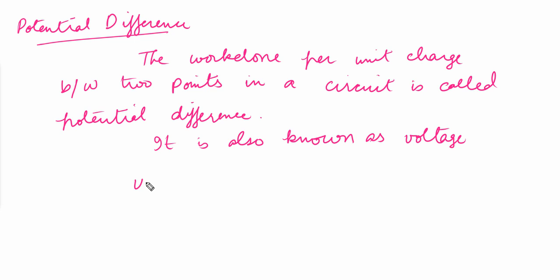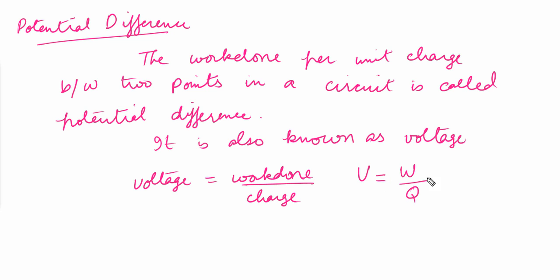Alright, so I can write it here that voltage is basically equal to work done per unit charge, or in simple form it is represented with capital V, and capital V is equal to W over Q, where W will be the work done and Q will be the charge, and V is basically the voltage or potential difference.